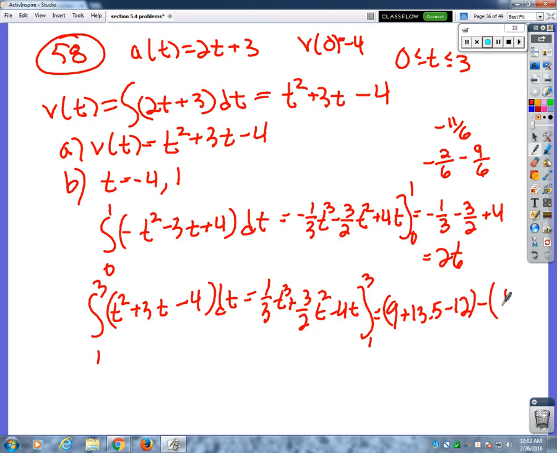Okay, so then if I plug in 1, I get 1/3, 3/2, and negative 4. So this part works out to be 1.5, 10.5. This part works out to be 1/3 plus 3/2 is going to be 11/6 minus 4 is, so it did work out that time.